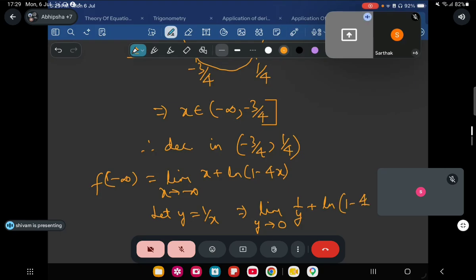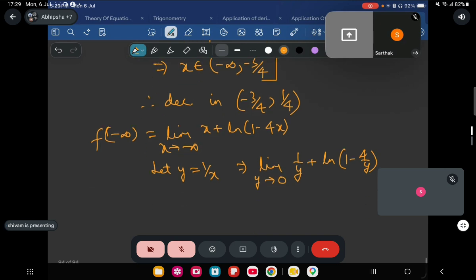ln 1 minus 4 by y. Okay. So after that, you take LCM. LCM would be y, and numerator would be 1 plus y ln 1 minus 4 by y. Tell me, are you getting?